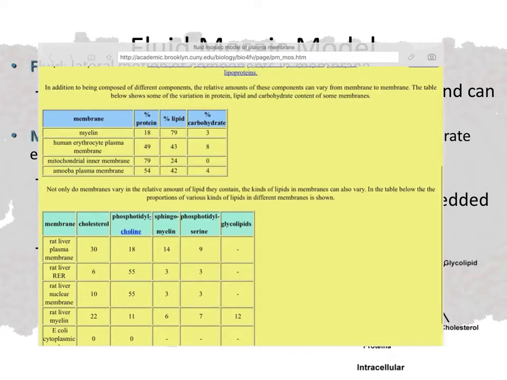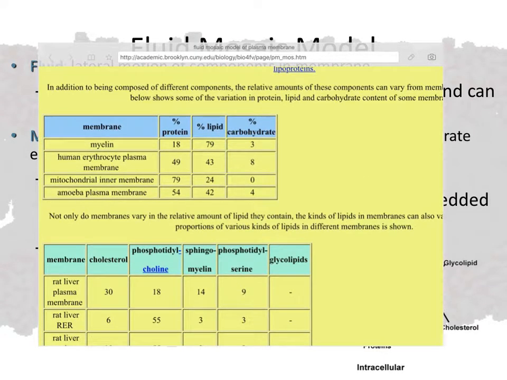So if we just look at this part, if we look here at a membrane in general, and we look at the percent protein, percent lipid, and percent carbohydrate in this top table, we see myelin, we have the erythrocyte, which is what? A blood cell.